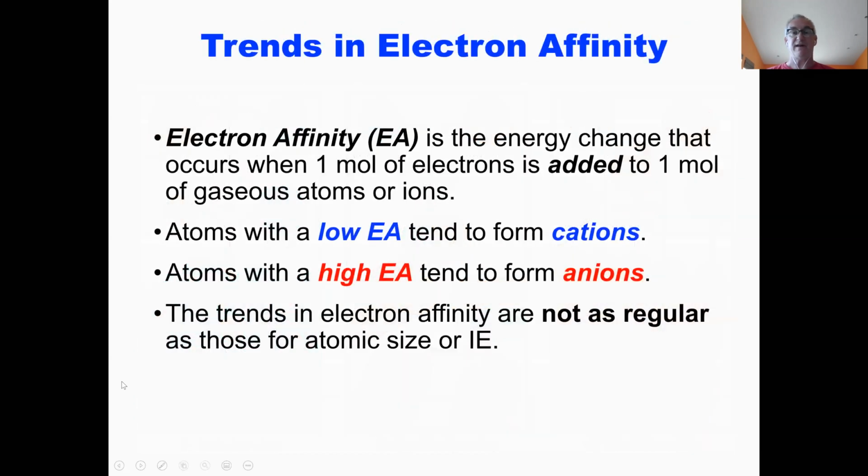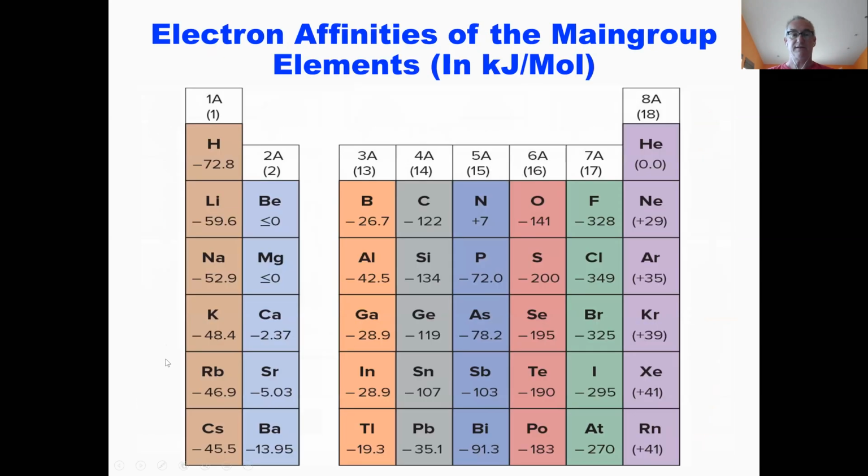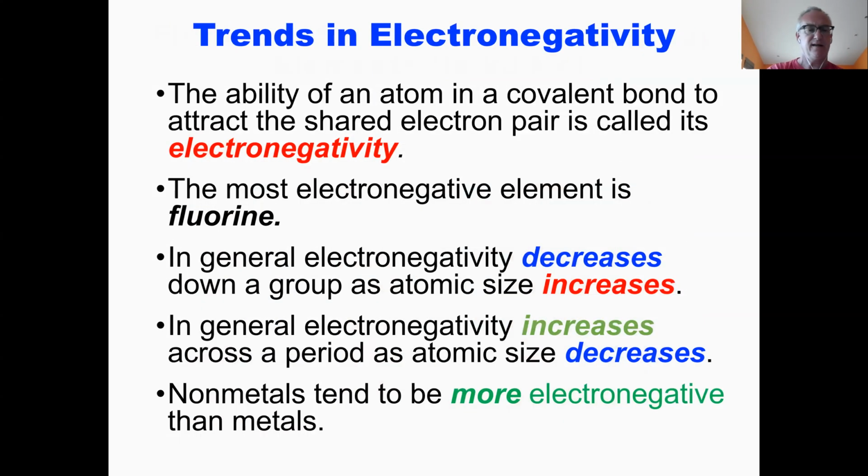So we mentioned the trends in electron affinity already. We see the cations have low affinity and anions have a high affinity. We looked at those affinities, and we saw that they get greater as we go across the table. But now I want to introduce a new concept called electronegativity. This is a new word we're being introduced to.